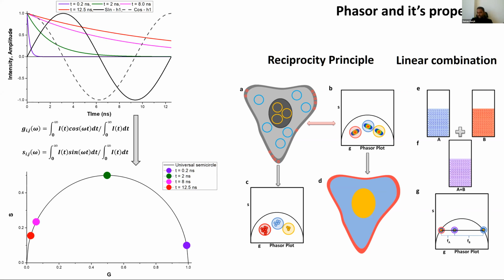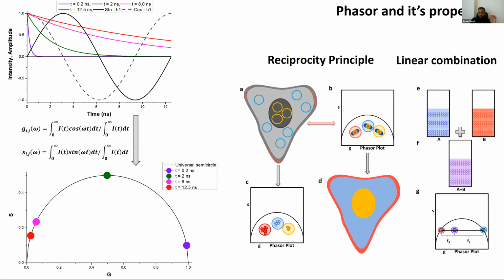It's almost like having a solution of 2 different dyes. Then it would lie somewhere in between along this line, where the distance for each case would depend on their fractional intensity, the amount of intensity coming from each, and is reciprocally related to that.